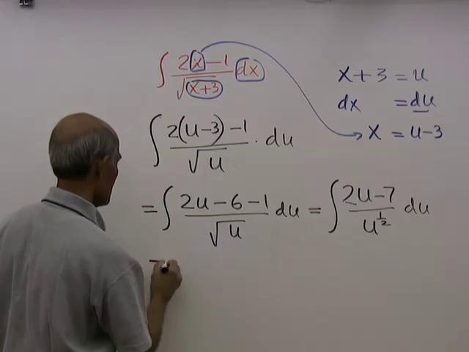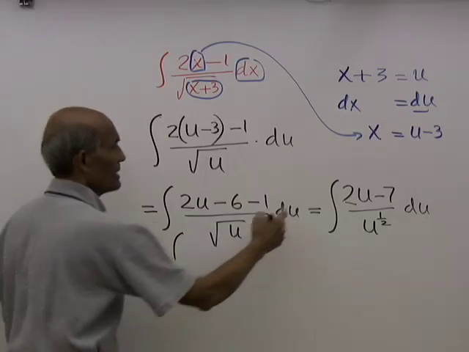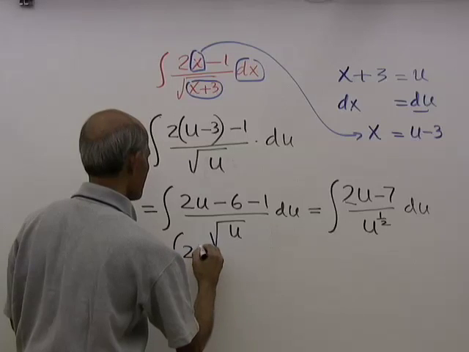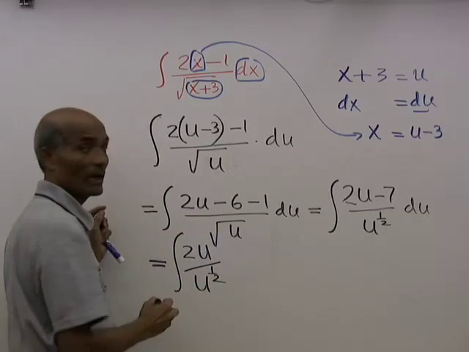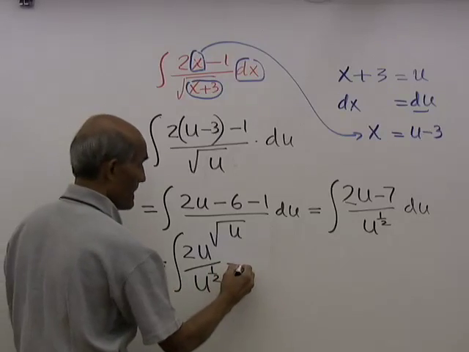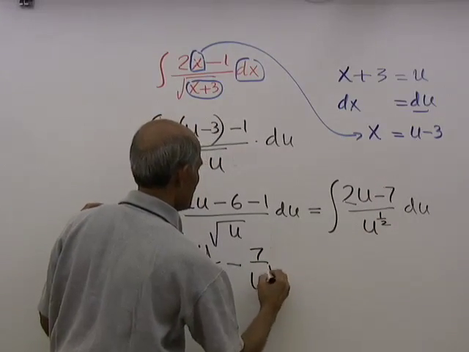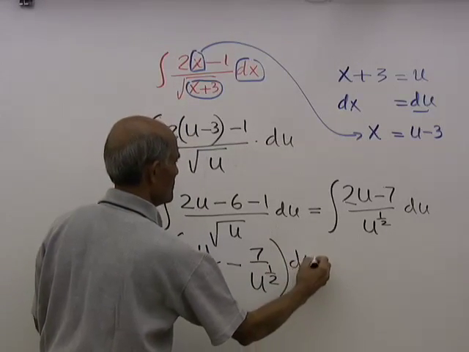So that will be, watch here, the integral of 2u divided by u to the power of 1/2 minus 7 divided by u to the power of 1/2, du.